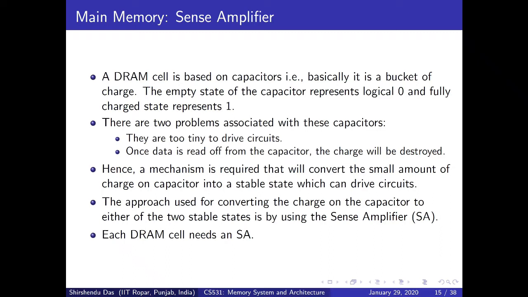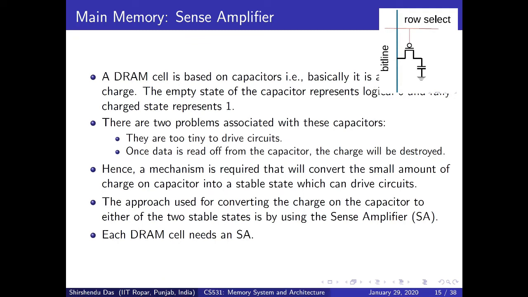If you remember the DRAM cell I explained, suppose this is a figure of a DRAM cell. As I said, this information is stored in the form of charge in this capacitor. If I want to store binary 1, the capacitor is fully charged. If we want to read this information, this transistor will be switched on, or activated.